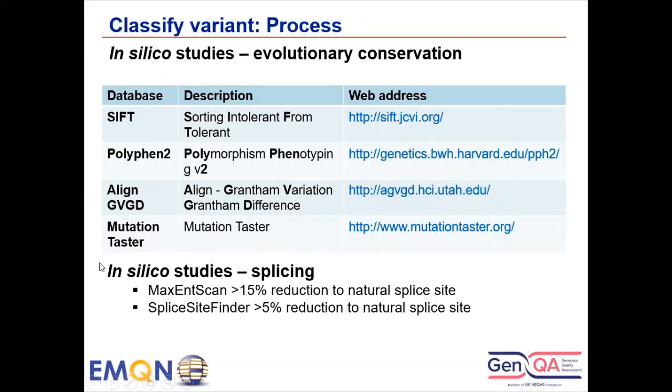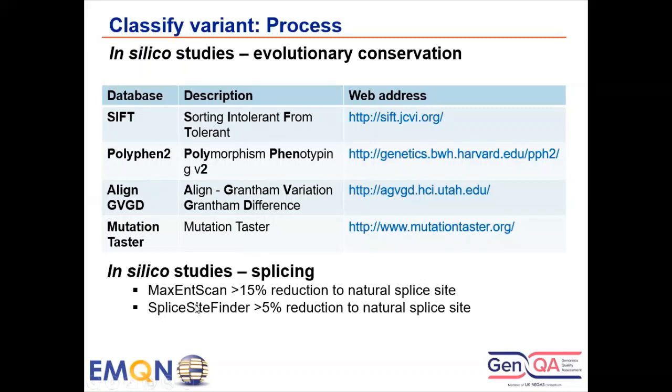classification. And furthermore, we have the in silico studies that you can apply for splicing. Personally, I think these are more reliable than the ones to evaluate the missense variants. There are 2 programs that have been validated by many authors and that have shown to be very indicative for which variants you can expect aberrant splicing.